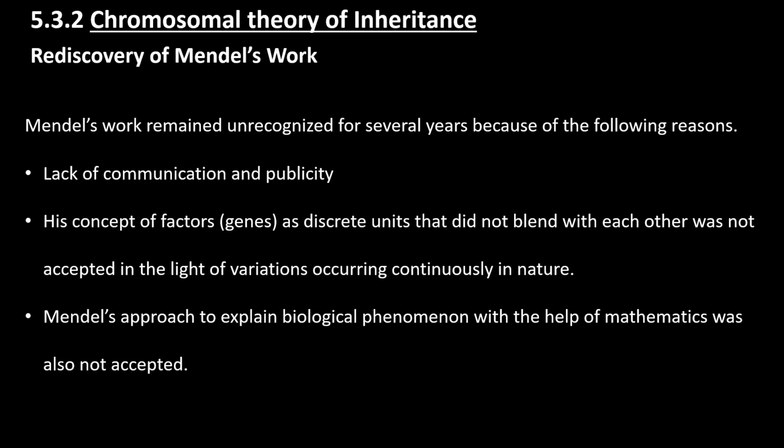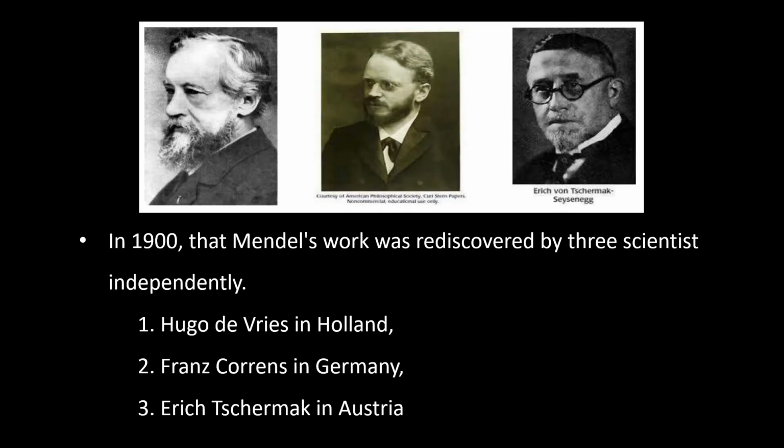Mendel's approach to explain biological phenomena with the help of mathematics was not accepted. Because of these reasons, Mendel's work remained unrecognized. Mendel was born in 1822, death occurred in 1884, and Mendel's work came into light after 16 years of his death.